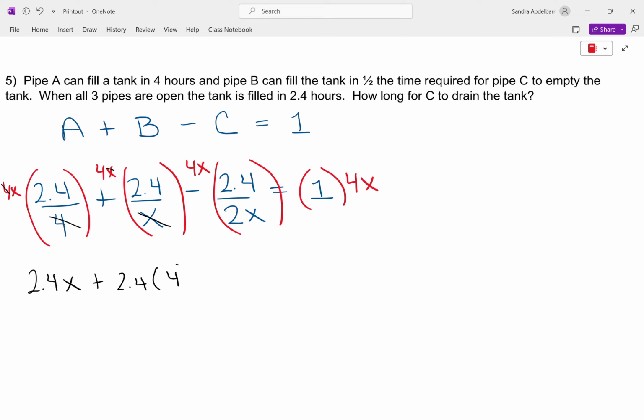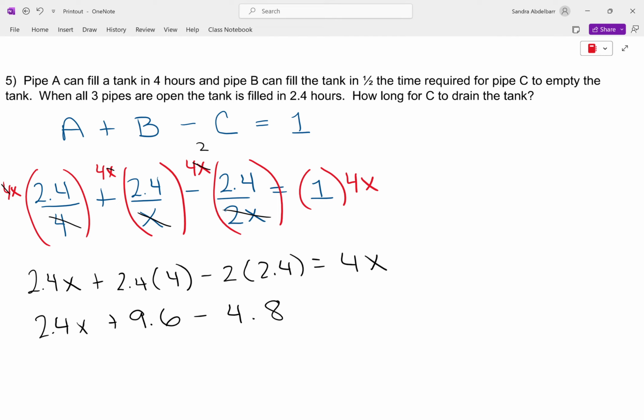So these 4's cancel, so I get 2.4x. These x's cancel, plus 2.4 times 4. This is 2, so minus 2 times 0.4 equals 4x. So we have 2.4x plus 9.6 minus 4.8 equals 4x.